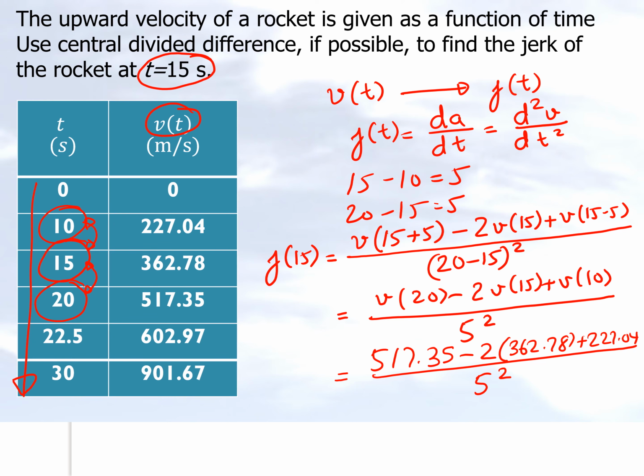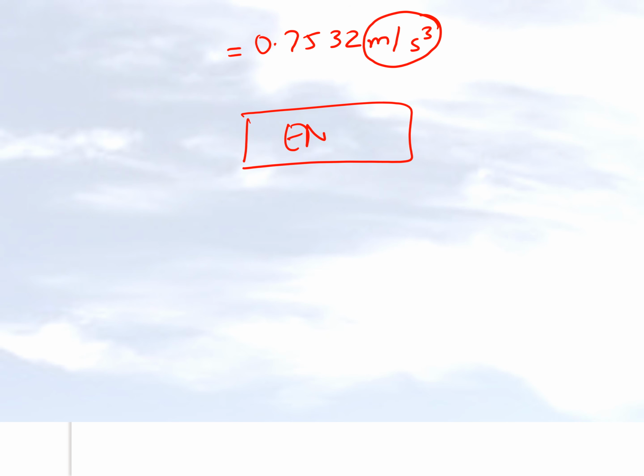So all we have to do is do these calculations and find out what the jerk is. In this case, it turns out to be 0.7532 meters per second cubed, because it is the first derivative of acceleration with respect to time. So the units are meters per second cubed. And that is the end of this segment.